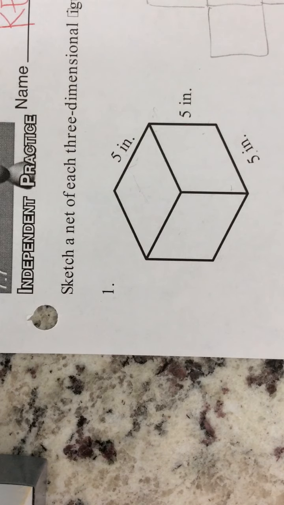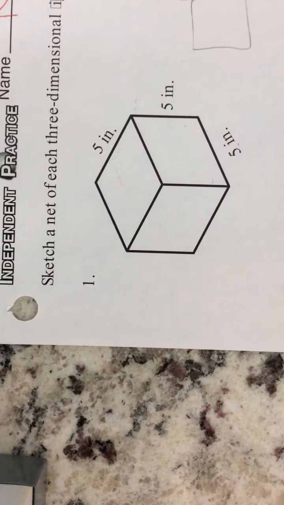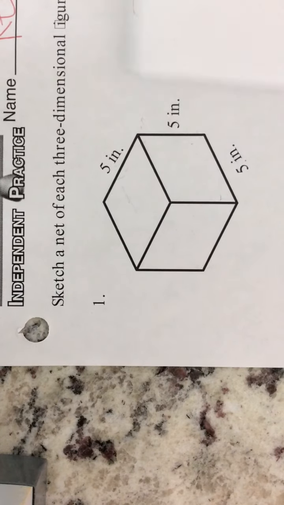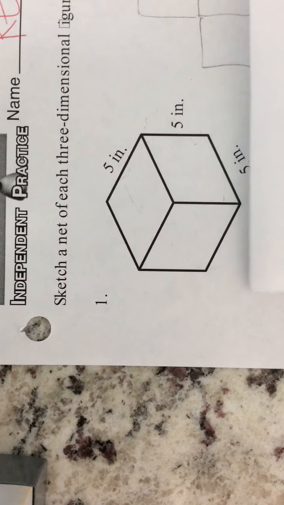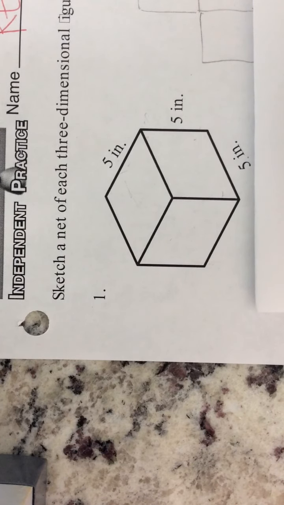And even though all sides are the same length, I think it's easiest when you're first starting to do surface area that you create a net of the shape that you are doing, just so you can see visually where those measurements are coming from.